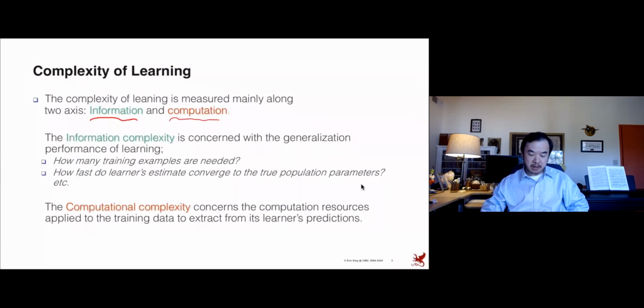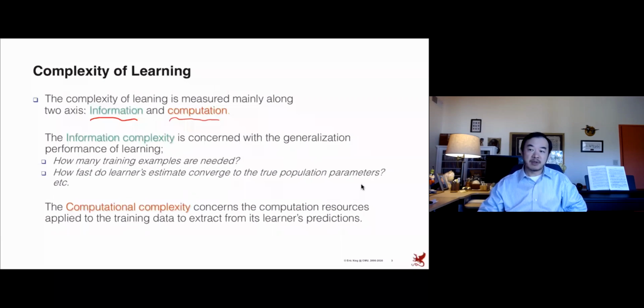Information cost, or information complexity, has to do with how much training data you need to prepare to train a good algorithm, and also how fast you can learn, say how many iterations you need to get to convergence.